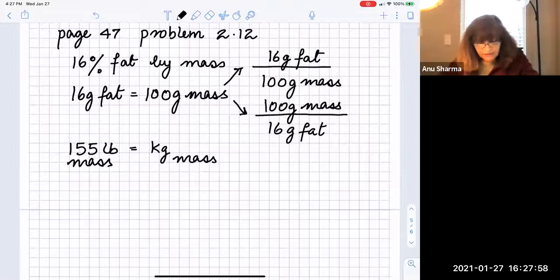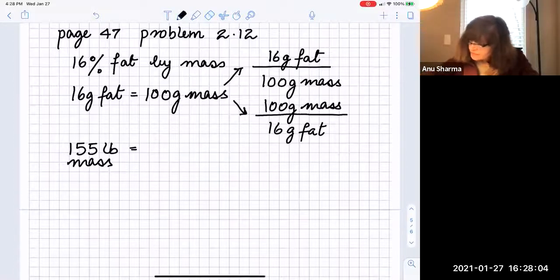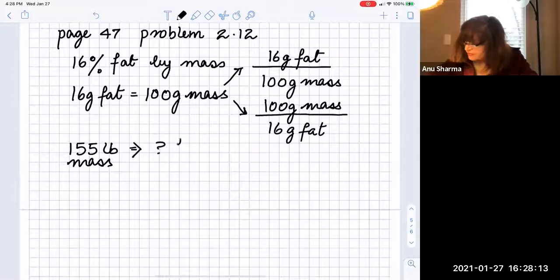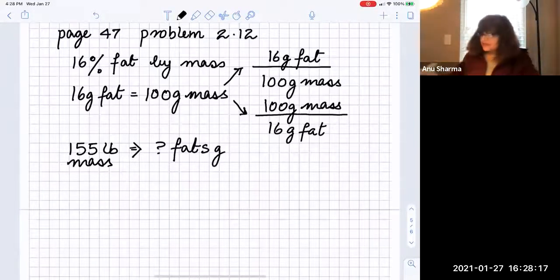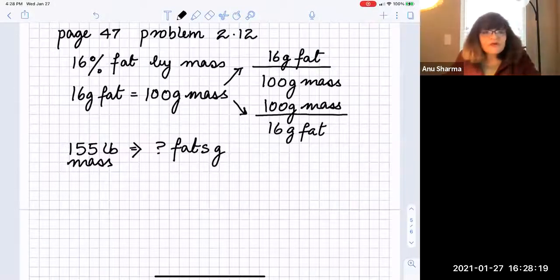This is a little bit confusing here. In other words, how much of the fat is present in 155 pounds of the total body weight?